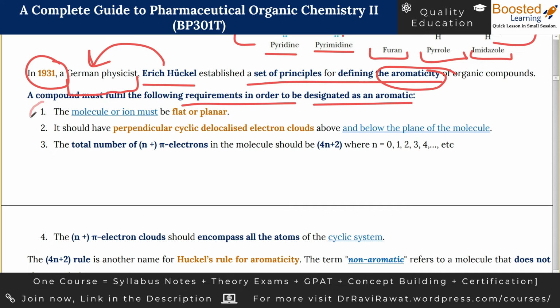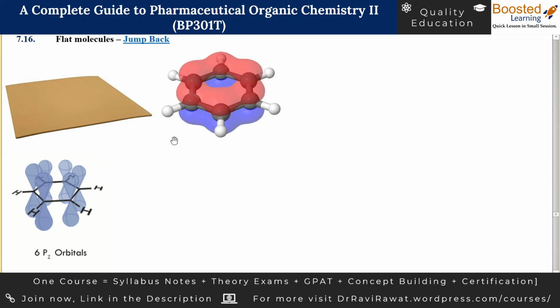Let us move to the first criterion, which is that the molecule or ion must be flat or planar. What we mean by this statement is, as we have seen with the molecule of benzene, that this molecule is planar.